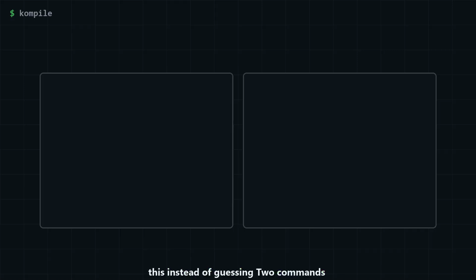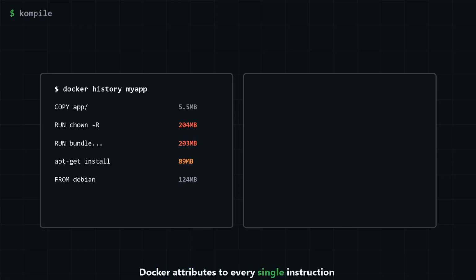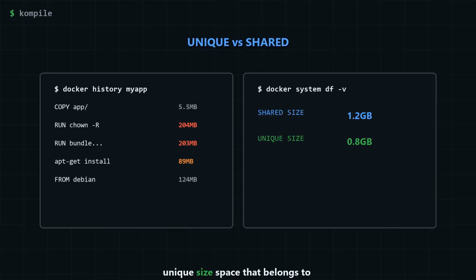So how do you actually see this instead of guessing? 2 commands, straight from Docker's own CLI reference. docker history shows you the size Docker attributes to every single instruction in the image, layer by layer, which is how both bugs above would have been visible immediately if anyone had checked. And docker system df, with the verbose flag, breaks each image down into shared size, space this image shares with other images on your host, and unique size, space that belongs to this image alone.